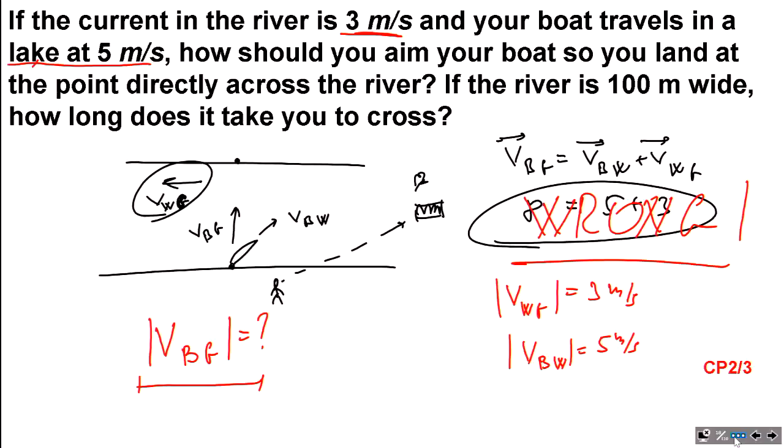But you know how to treat them as vectors because it's a vector addition situation. You just have to add two vectors to get the third one and figure out the magnitude of the third one. In order to do that, you have to draw a picture which clearly shows three arrows, arrow number 1, arrow number 2, and after that, arrow number 3, the one which we are looking for.